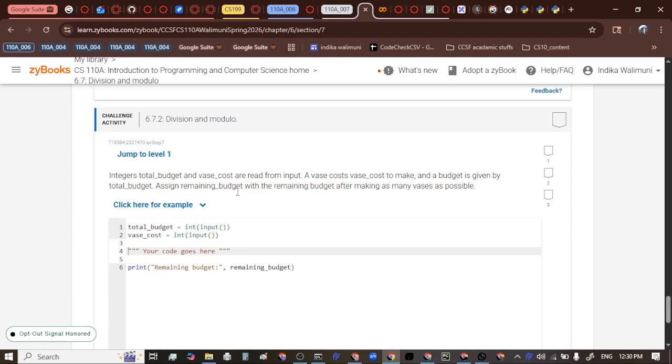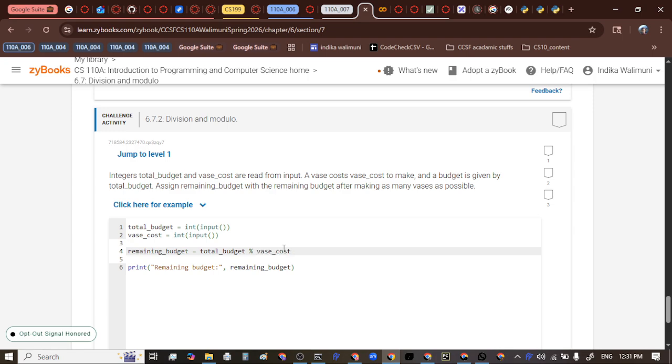Okay. So what do we have to do? So remaining budget equals, what's the answer, guys? It's going to be the total budget modulo waste cost. Yeah. So basically this was what's left.